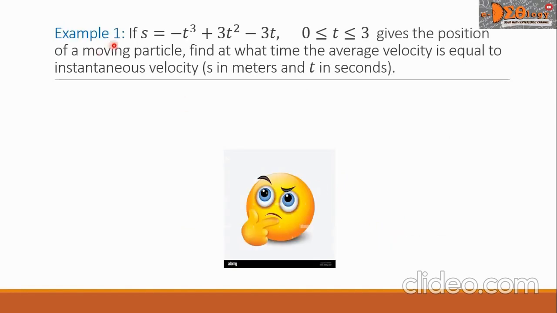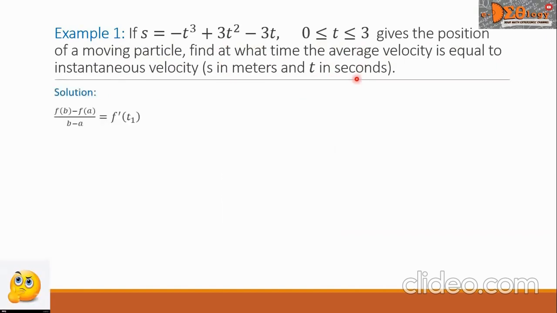Example 1. If s is equal to negative t cubed plus 3t squared minus 3t in the closed interval for t from 0 to 3, gives the position of a moving particle, find at what time the average velocity is equal to instantaneous velocity, s in meters and t in seconds.